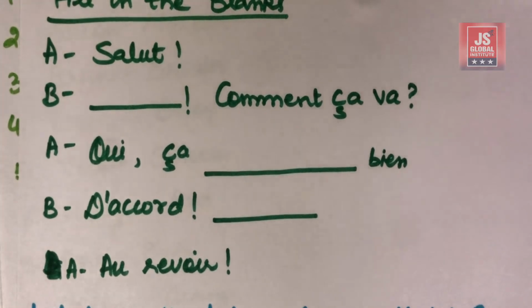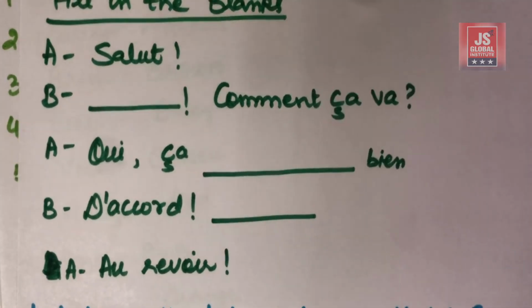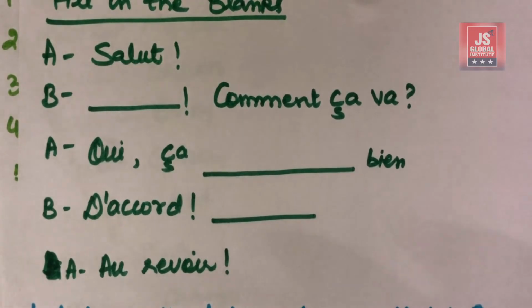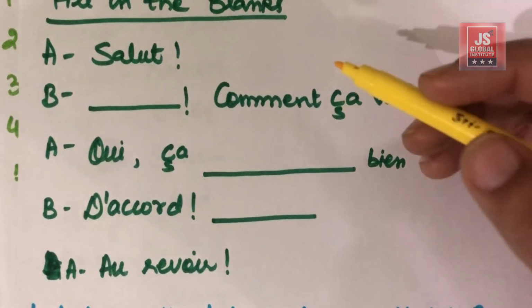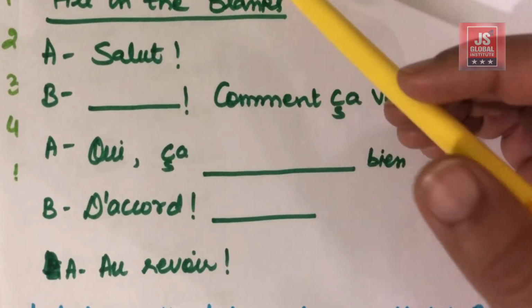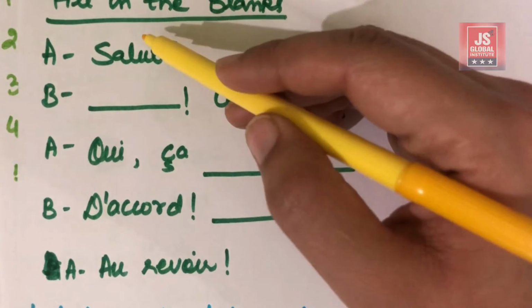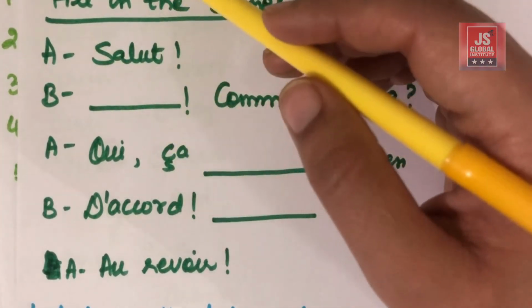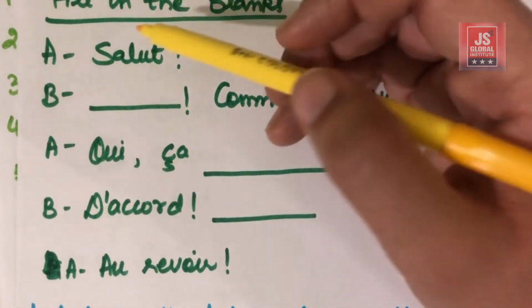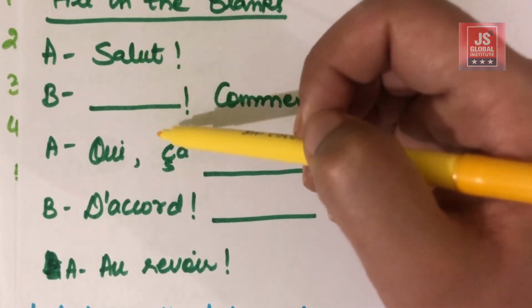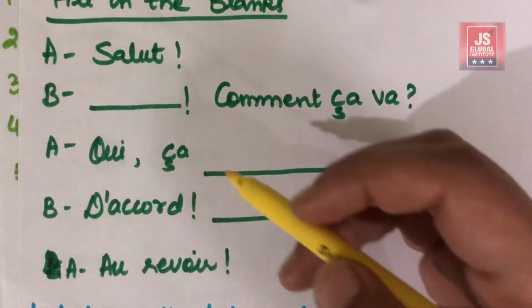Alright, so now we are going to discuss this. What you had to do here was, first of all, guess whether it is a formal or an informal conversation. As this salut indicates that this is an informal conversation, what can be the reply for salut? That is salut.